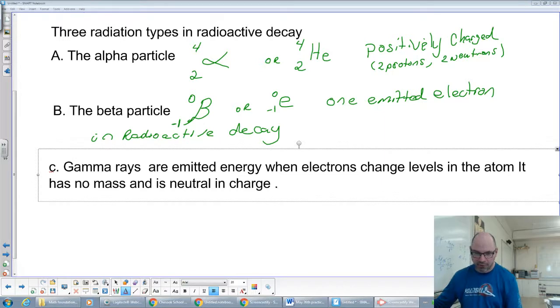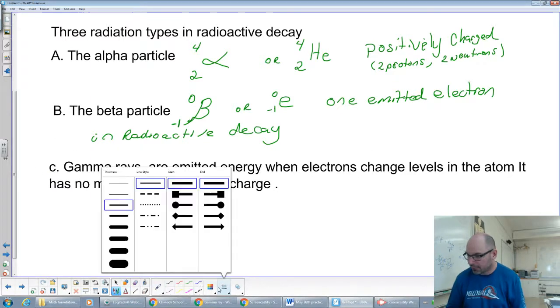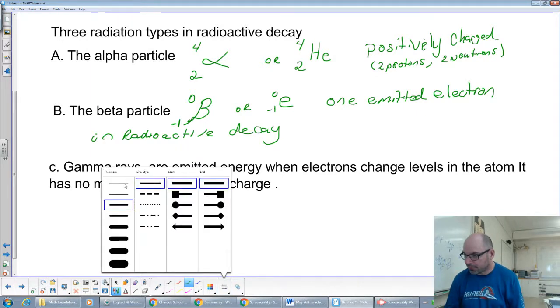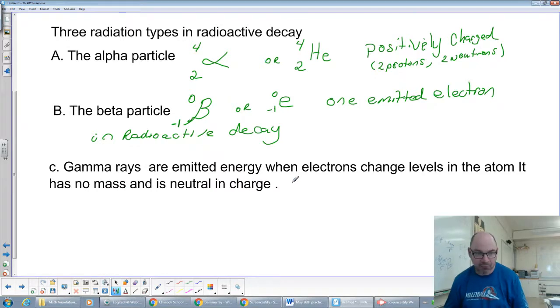Let me pause quickly and look up the Greek gamma symbol because I can't remember it right now. Okay. So I kind of looked it up there. Gamma radiation symbol looks like this. Okay, so that's beta. So gamma, depending on if they give it a capital letter or a little letter, kind of looks like this.